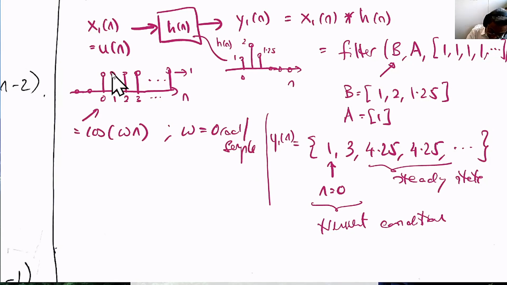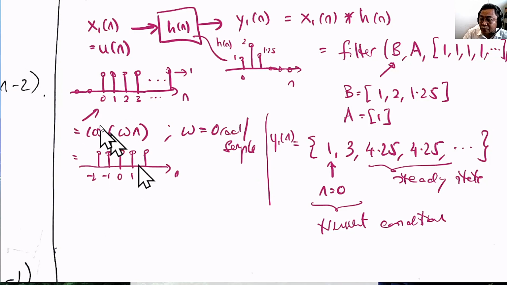Isn't this also just an infinite cosine from 0, 1, 2, and minus 1, minus 2? And of course, you'll be thinking that our unit step starts from time 0, and it is 0 before that.